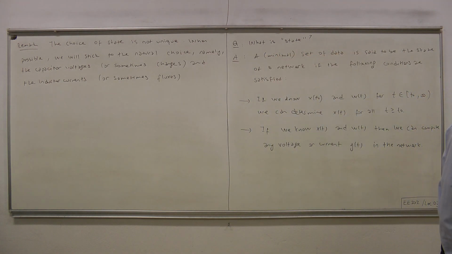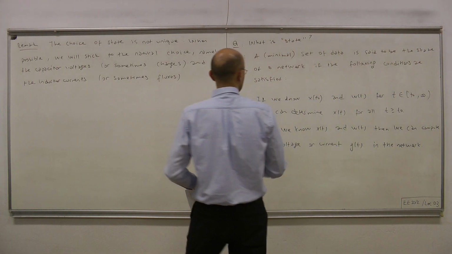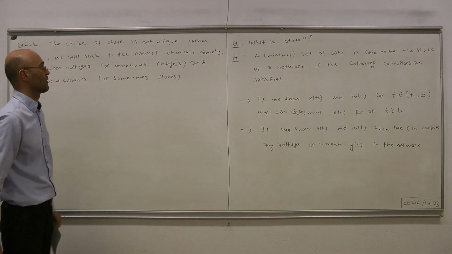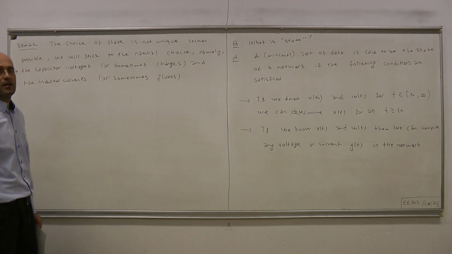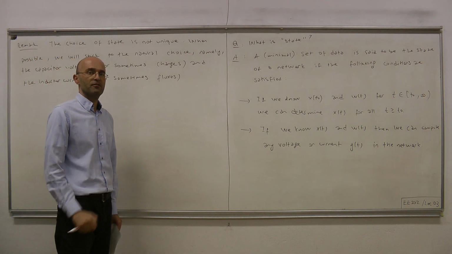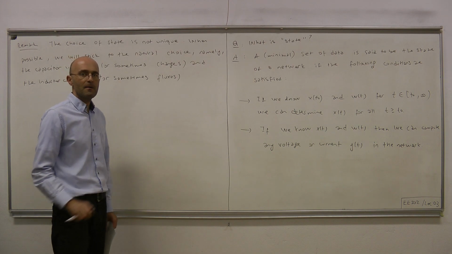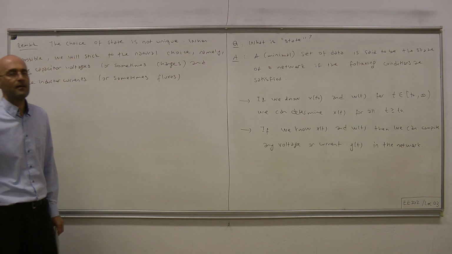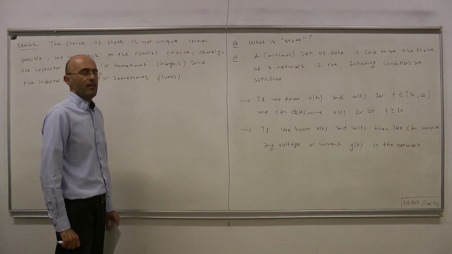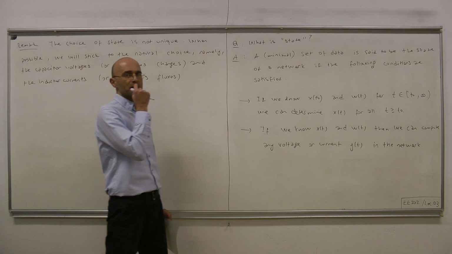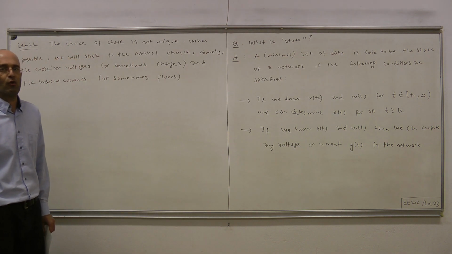Now, in our simple example, the series RLC circuit, it was easy to obtain the state equation, okay, because the topology was very primitive. But when you have a slightly more complicated network, then obtaining the state equation may not be straightforward.